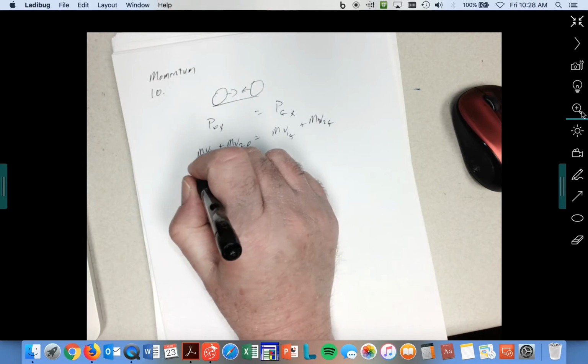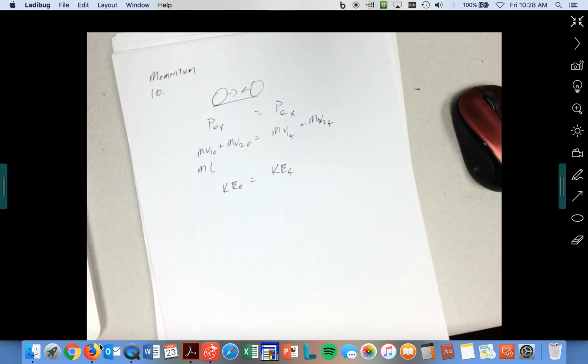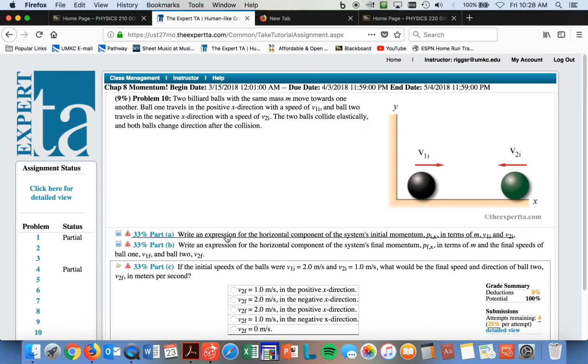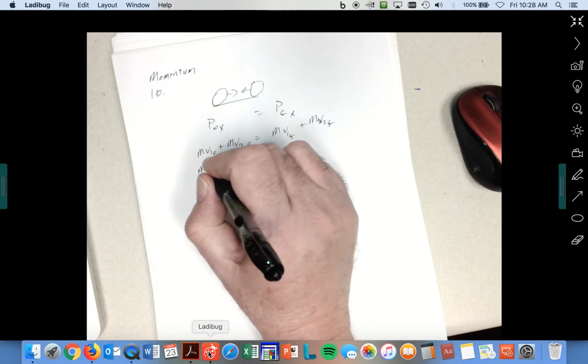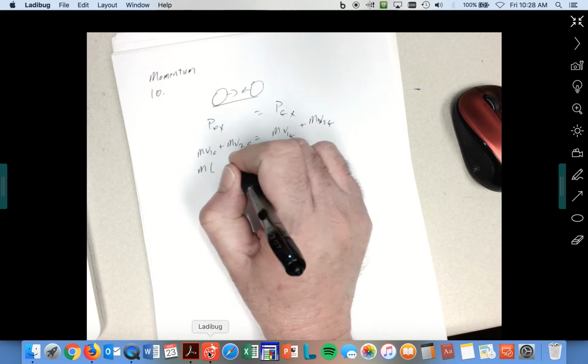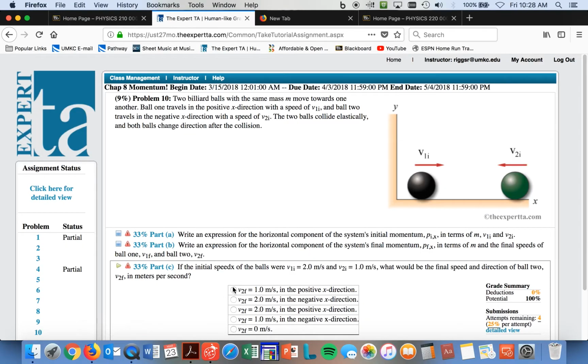So we've got m, and it was going in the positive direction at what? Am I correct in assuming this? 2 meters per second, and v2 is going 1 meter per second in the opposite direction. So let's put that in. Sorry about that, my brain is cooked.